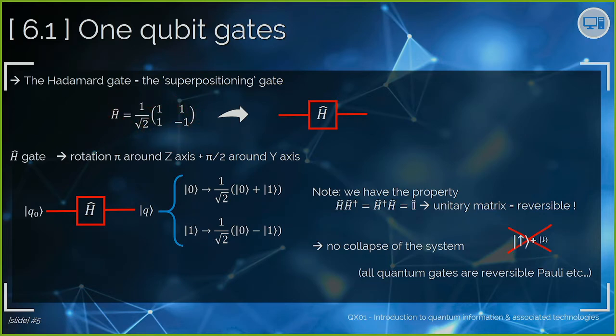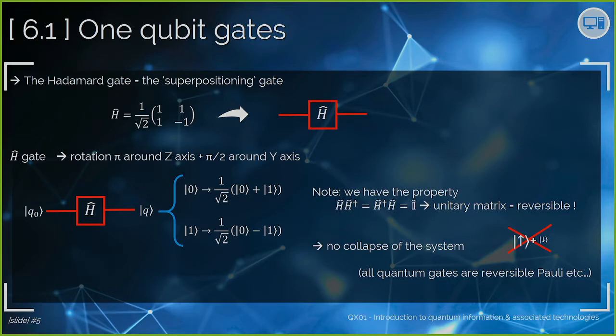Clearly, this matrix is a Hermitian matrix. So we represent that gate like this. And we sometimes call this gate the superpositioning gate. The reason being that, as we will see, with this gate we can go from a particular qubit state to a superposition. So let's have a look at this.